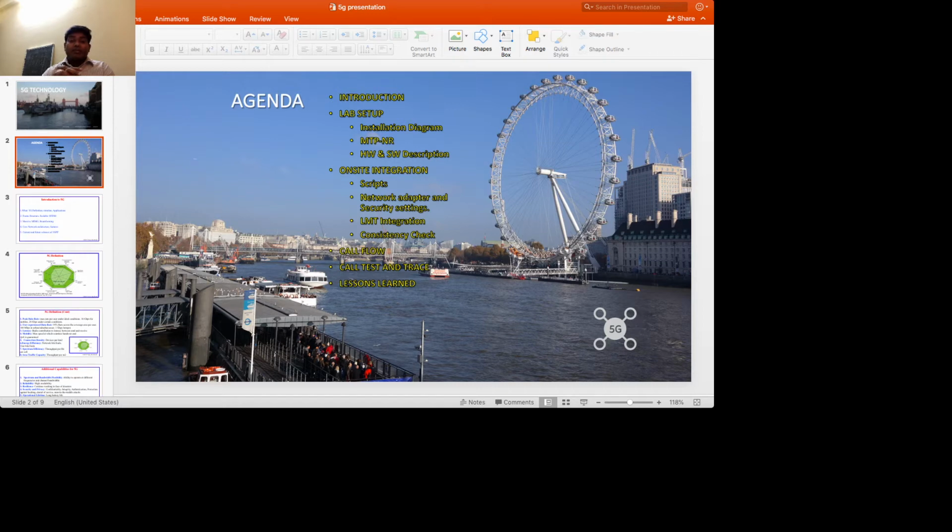Then on-site integration: scripts, network adapter and security settings, LMT integration, and consistency check. After that, we will start call flow, call test and trace, and all those things. So let's start with the introduction.